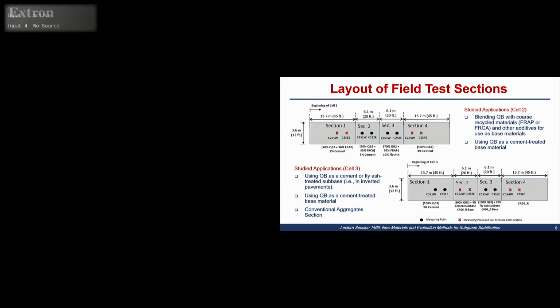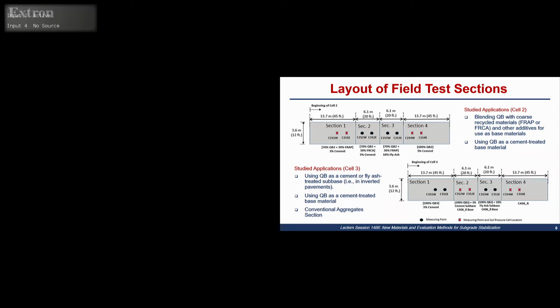for comparison. Those applications are either cement stabilized or fly ash stabilized. If cement stabilized, it's 3% cement by weight. If it's fly ash, it's 10% fly ash by weight. We have some applications studying a blend of quarry byproducts with other coarse recycled aggregates, such as cell 2, section 1, which is 70% quarry byproduct mixed with 30% fractionated RAP, the coarse size of RAP, and mixed with 3% cement and used as a base material.